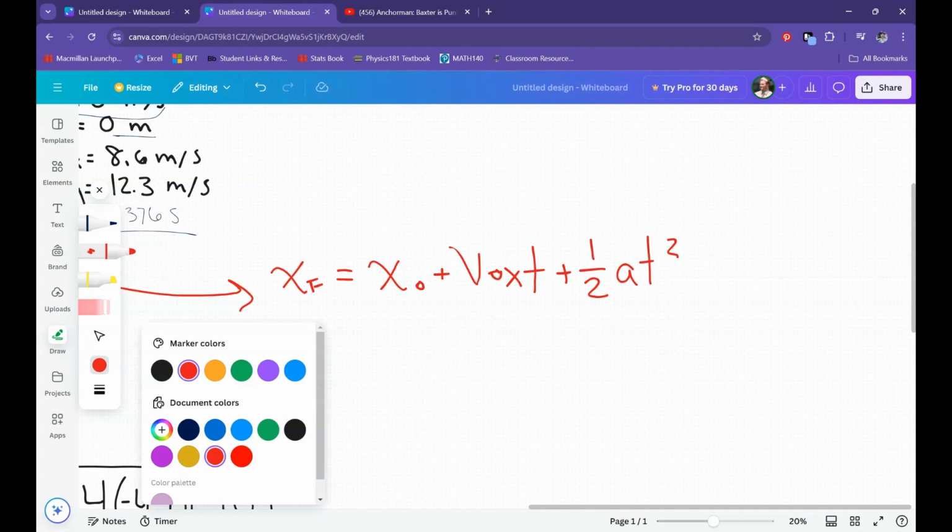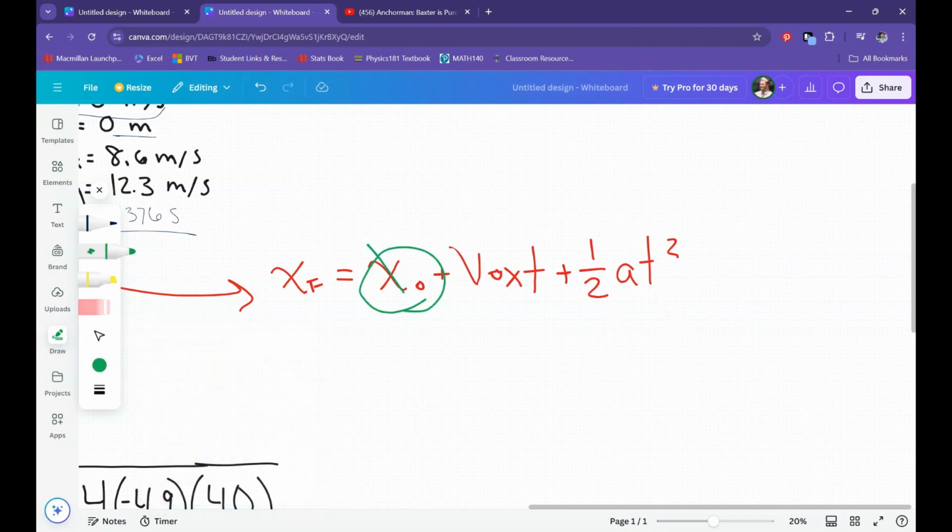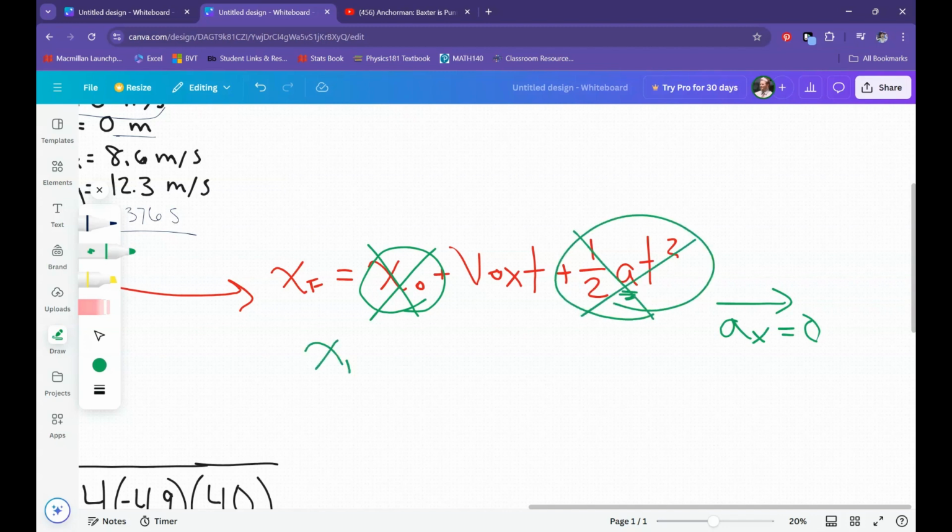Now we can determine any zeros. So we know our x naught, our origin point, is 0 in this case, so we can get rid of it. We also determined earlier that our acceleration in the x direction is equal to 0, right? Because there's no other forces acting upon it. So this whole term can be canceled out, and we're left with xf equals v naught x t.